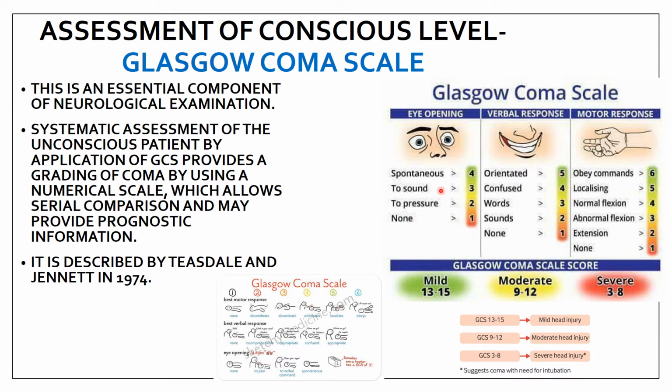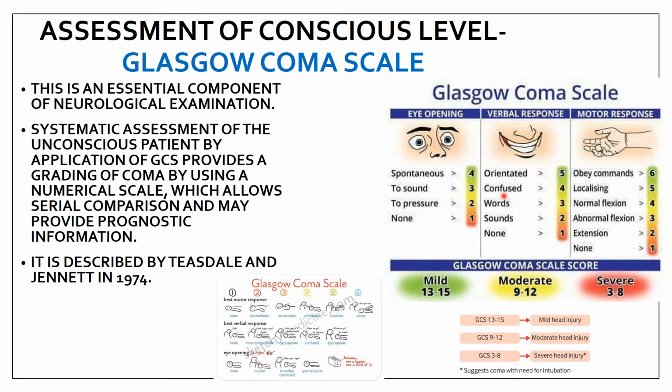Now I have said eye opening has 4 scorings, verbal has 5 scorings. The next scoring is confused. For example, if you're asking, where are you? That patient is confused. He'll say, I don't know, or I am in the hotel, for example. Then you're going to give the score as 4. Third is words, meaning inappropriate words.